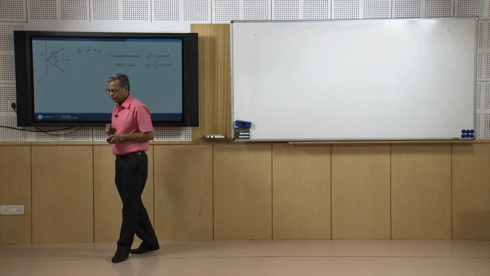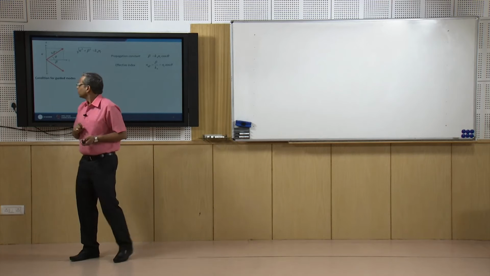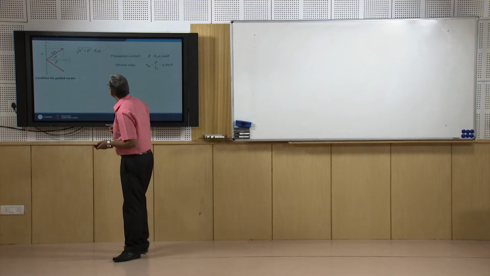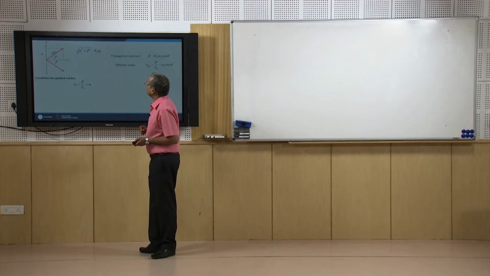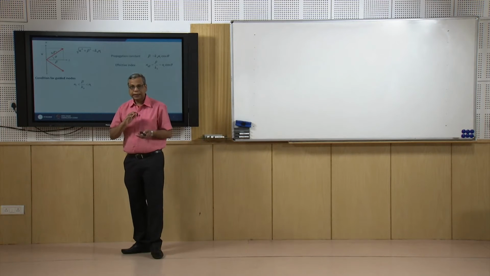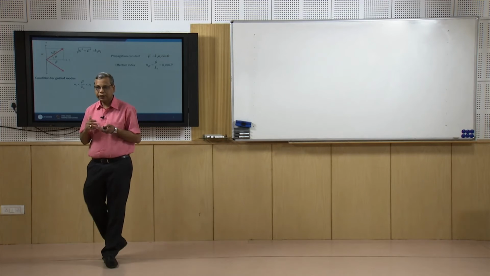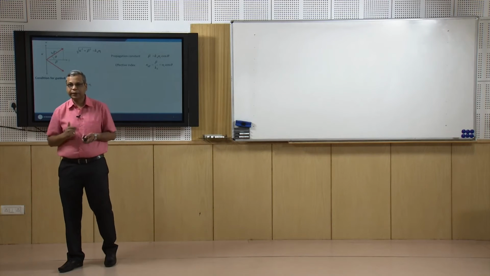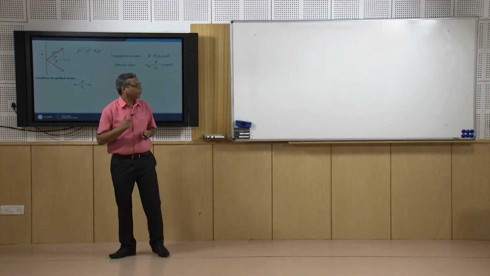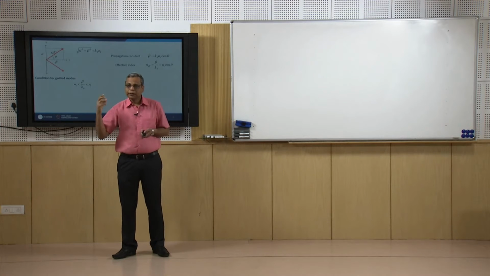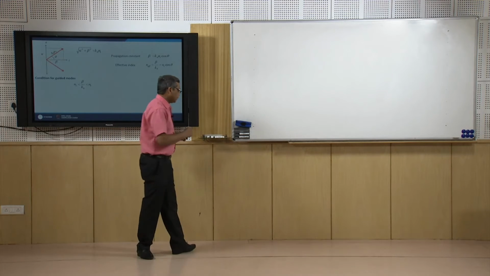This is exactly the same as in the planar mirror waveguide. So, these modal fields are standing wave patterns in the x direction, because I have E y of x, which is a standing wave pattern, and this E y of x is propagating with propagation constant beta.